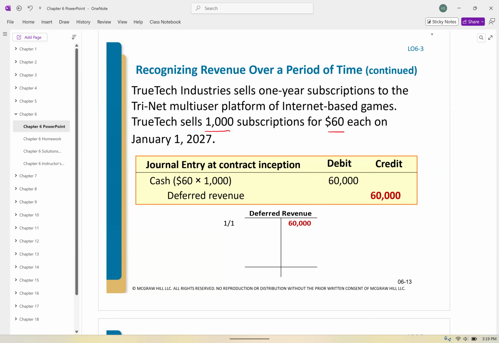We are getting the cash on January 1st, 2027. That's all we're doing. We haven't earned the revenue yet because we haven't provided the service. Okay. Remember an example that I've always told you, maybe it's a magazine subscription, and as they send out that publication, that company is gradually earning part of the revenue.